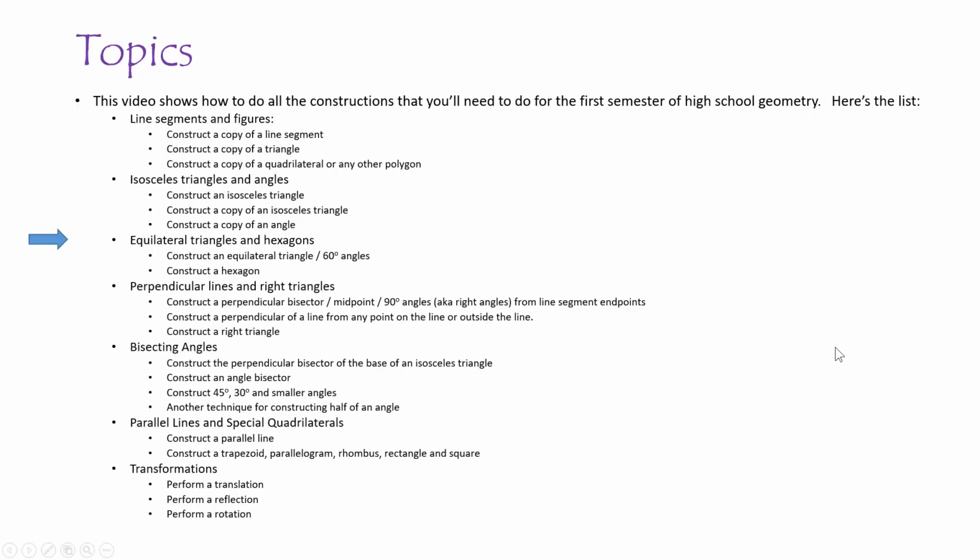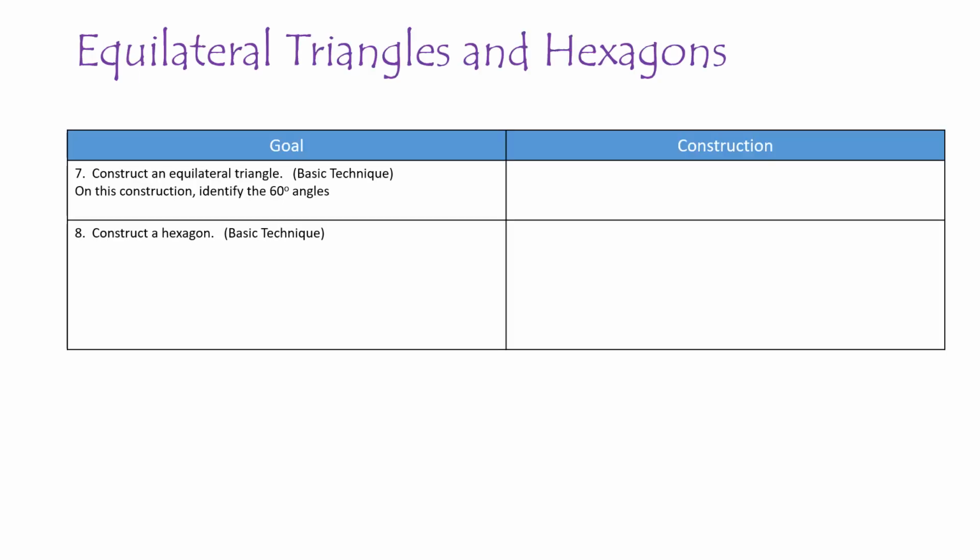All right, our next topic is the equilateral triangle and hexagons. An equilateral triangle, again, is a very natural triangle to draw. It's just like creating an isosceles triangle, but here when you create the third side, this third side will be the same length as the first side.